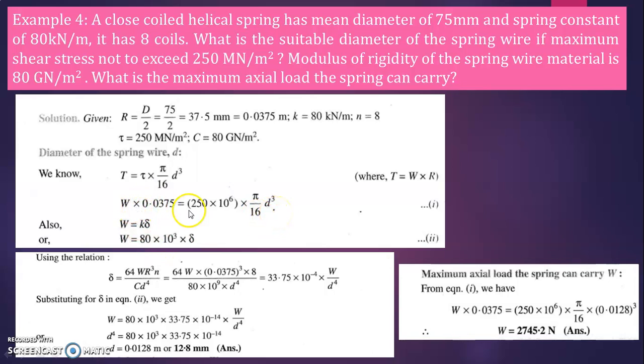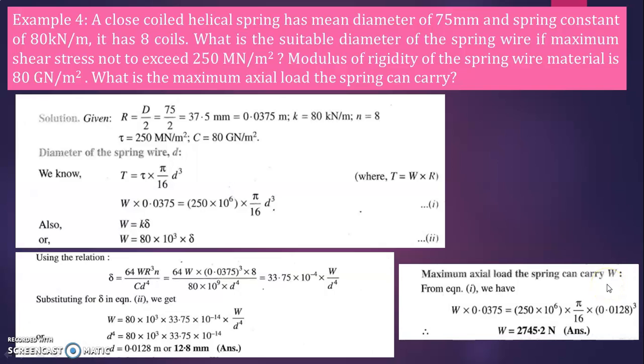We want W, so take all this down here, and we have the d value, 0.0128 to the power 3. So you get W is equal to 2745.2 Newton.